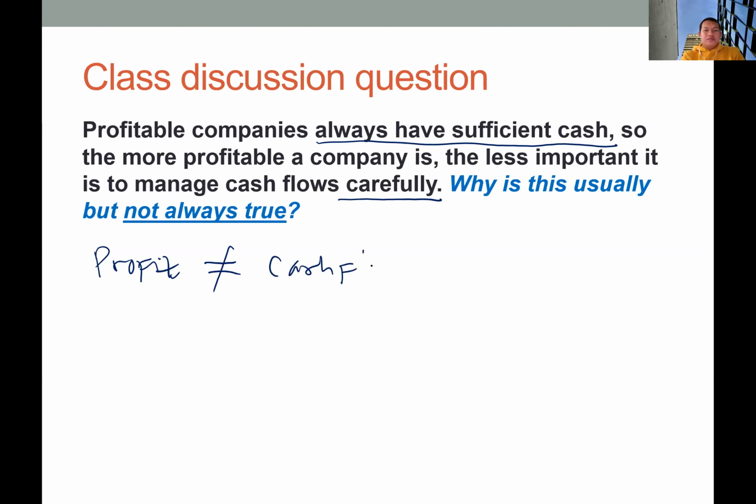Okay, let me just bring you back to this simple concept. We have discussed that profit is not equal to cash flow. Even if a company is profitable, it doesn't always mean they have sufficient cash in their balance sheet, right? Because profit is basically the cash flow plus the accruals.